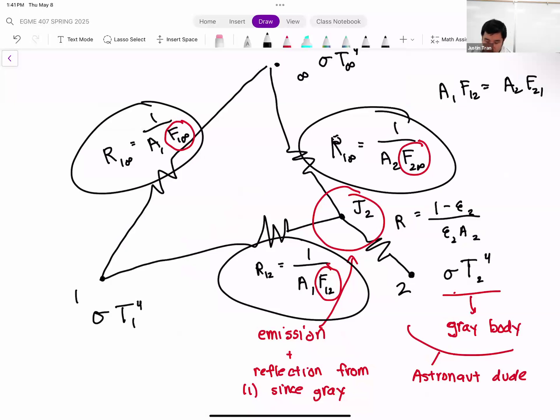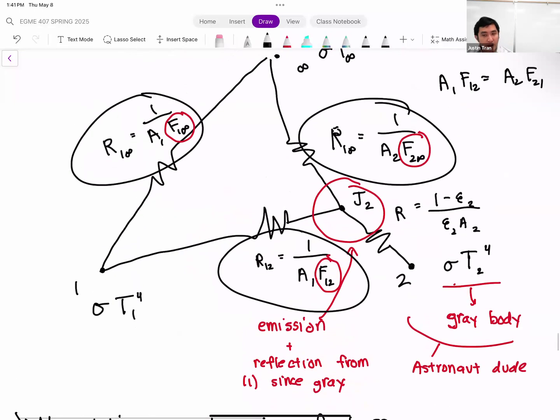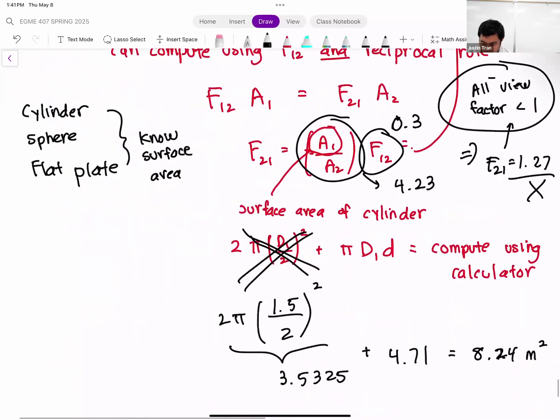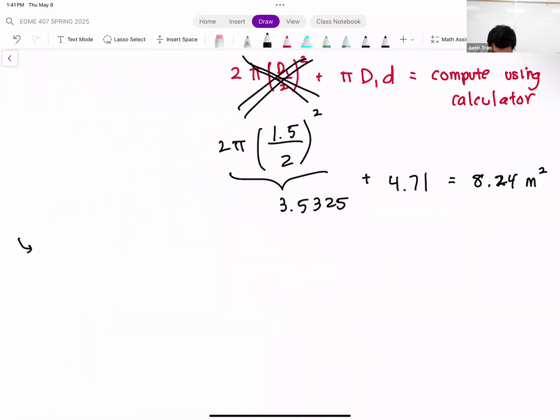Just in the interest of time, I do want to get to radial heat conduction, so I'll just outline what you have to do for the rest of the problem. The last step in this problem is we want to compute the heat loss from our 2 objects to deep space.